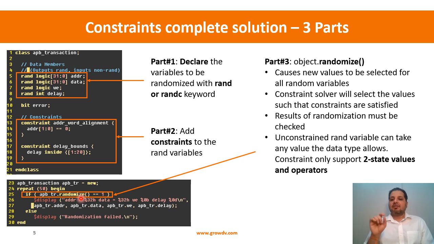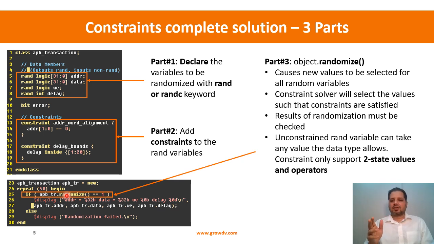Only the variables that have rand or randc keywords are affected by the randomize call. The rest of the properties do not get affected. They are called state variables, so they retain whatever value they were holding prior to the randomization. So this is the basic idea of how you do constraint random stimulus generation.